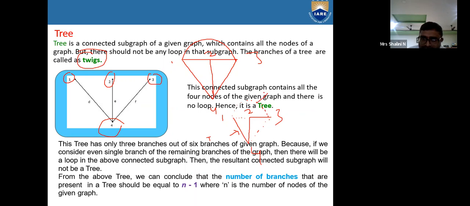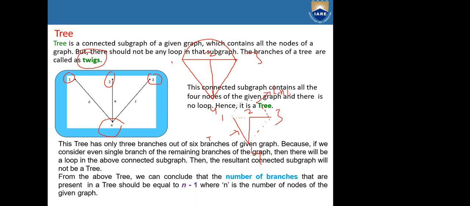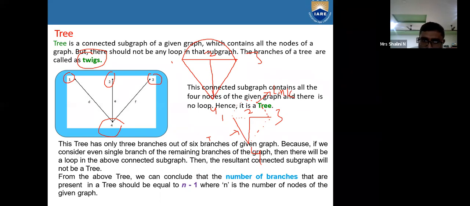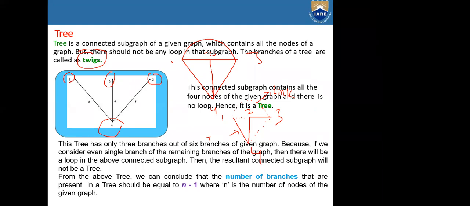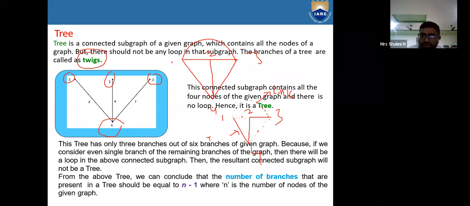Sir, 2 and 4 are also twigs? 2 and 4 is a string. Okay, sir, 2 and 3 is a string. The remaining lines will be called links. Okay, these are called strings or tree branches. The branches of a tree are called twigs or tree branches. These are the tree branches: this one, this one, and this one.